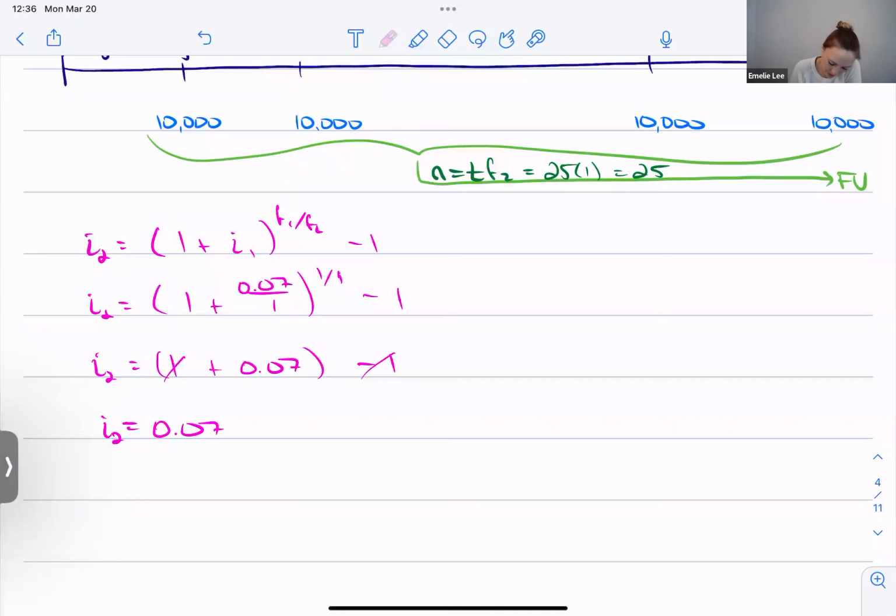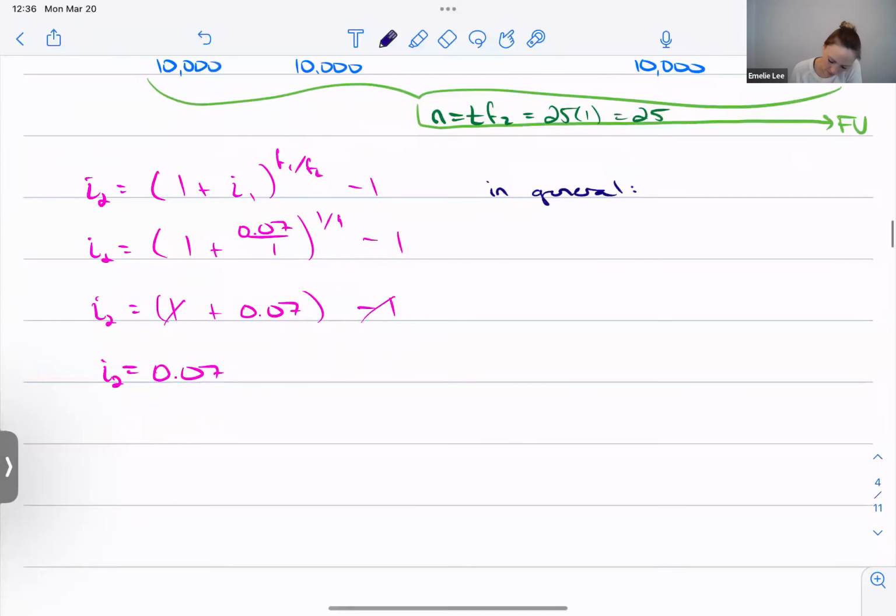In general, if F1 equals F2, then I2 is equal to 1 plus I1 to the F1 over F2, minus 1, and that exponent becomes 1.